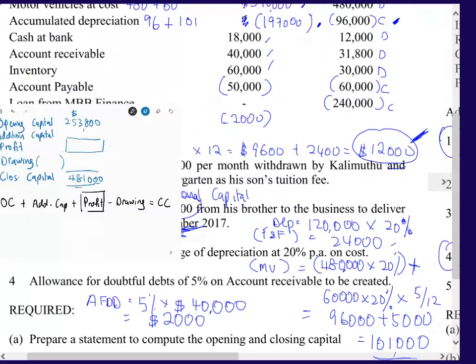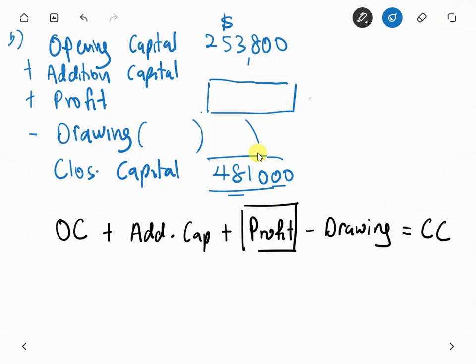Drawing 12. How to get the 12 again? 800 times 12 plus 2004. Therefore, 12,000. Can you find the net profit now?